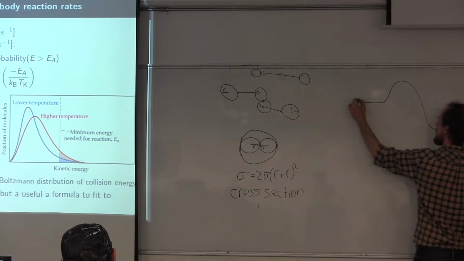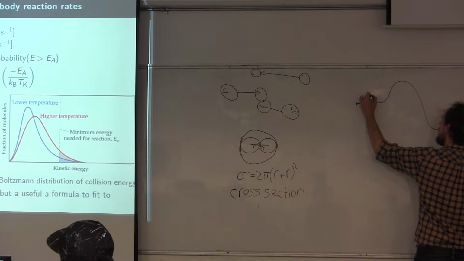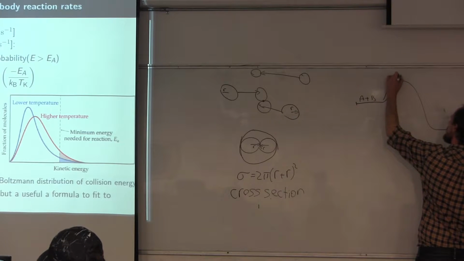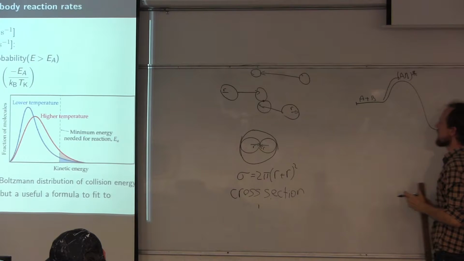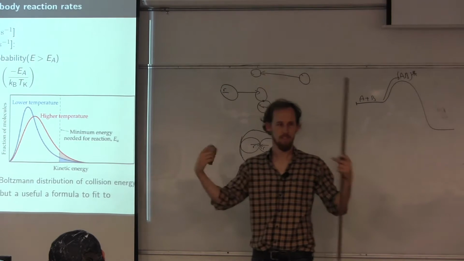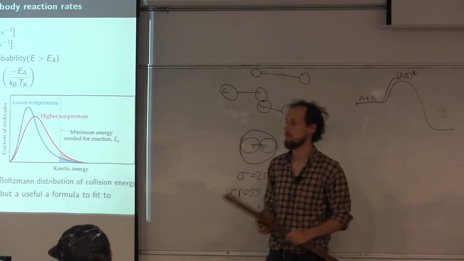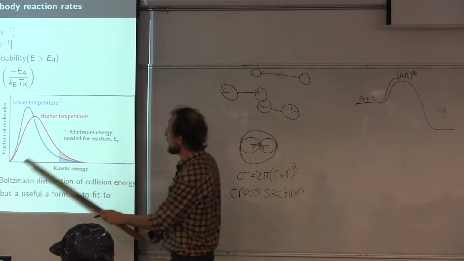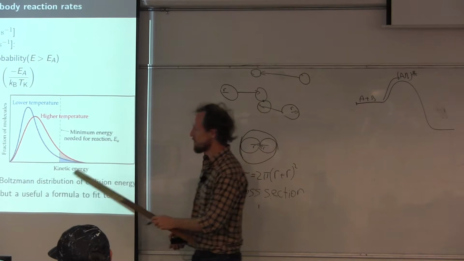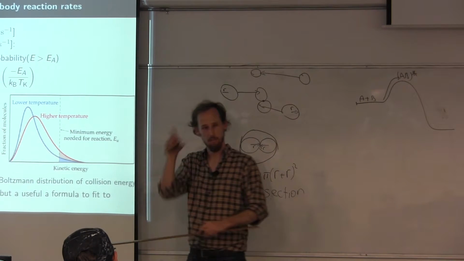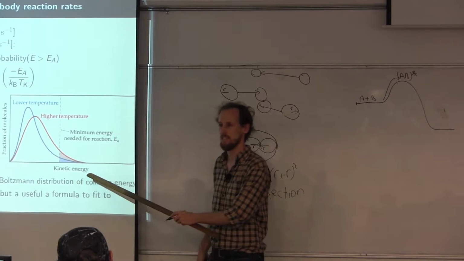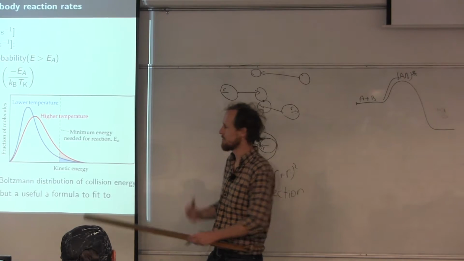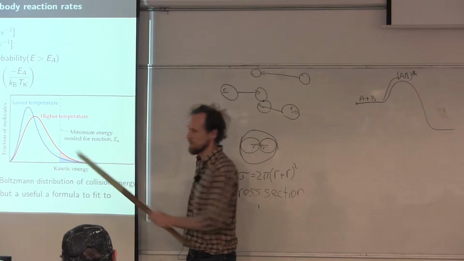So this is where they collide, and this is where they go over the reaction barrier. That energy comes from the energy of how fast they were traveling before they collided. If you think again of the Boltzmann distribution of moving particles, not the velocity this time, but the energy of the velocity, so the velocity squared times the mass, I guess, then we get another Boltzmann graph.